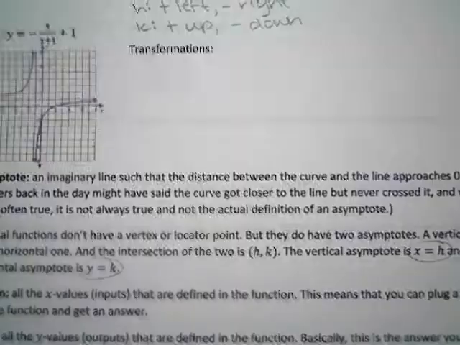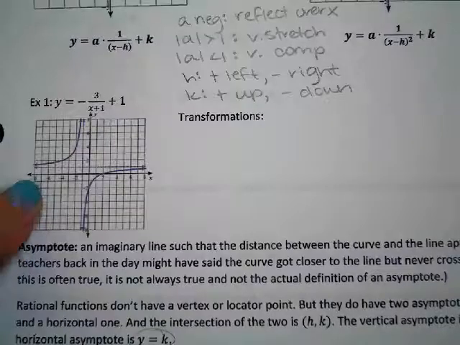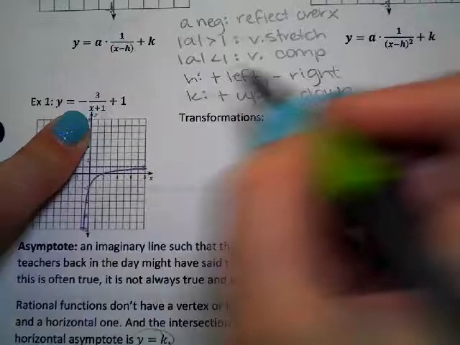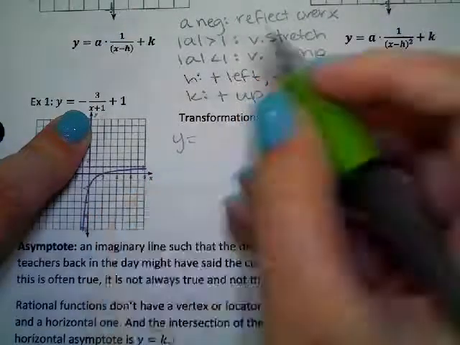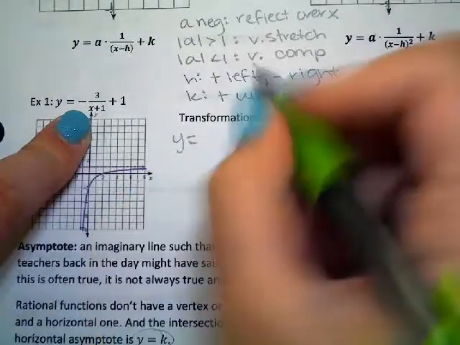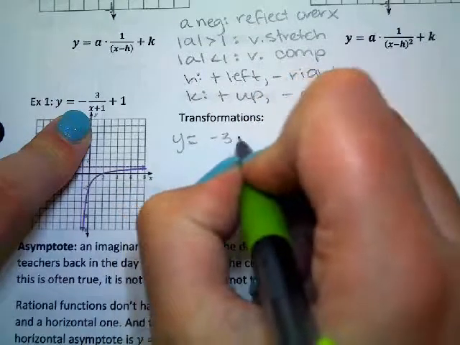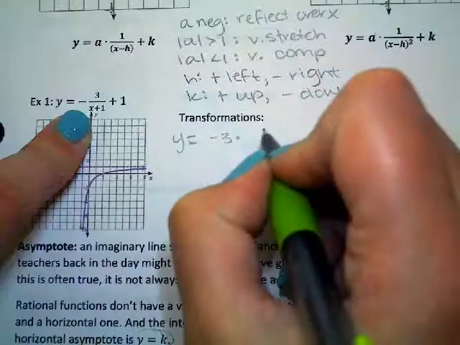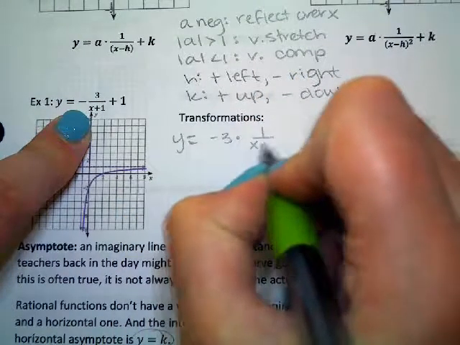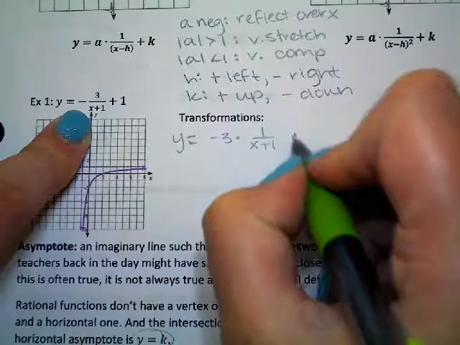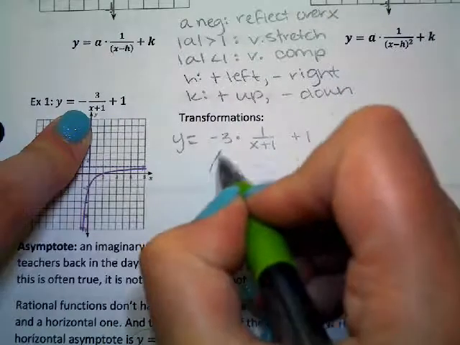So let's go ahead and do example 1. It says to find the transformations for this problem. So I'm going to rewrite this so that I can see my a value really clearly. I'm going to pull that -3 out and then write it as -3 times 1 over x plus 1, and then plus 1 on the end, so we can really see what's happening there.